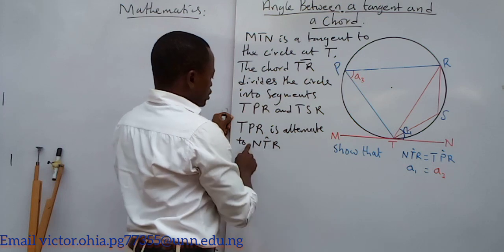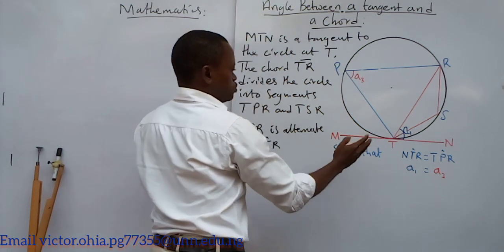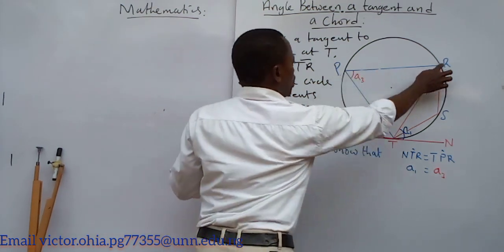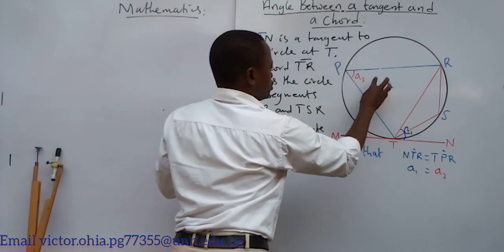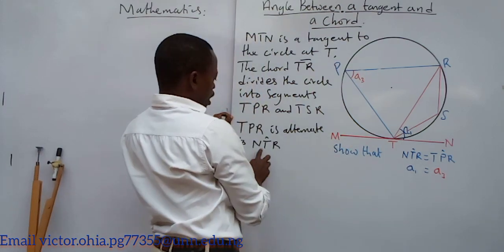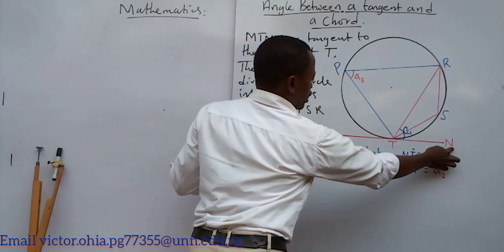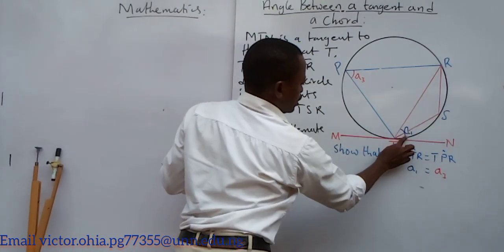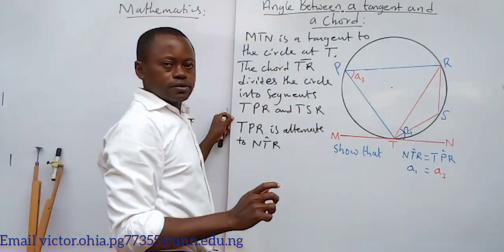TPR is alternate to NTR. As I explained, this angle TPR, that is A3, is alternate to NTR, that is this angle A1.